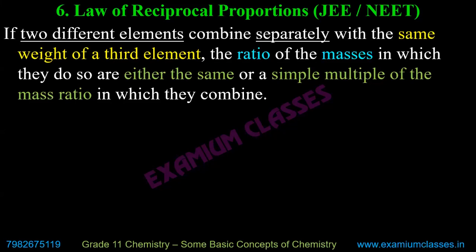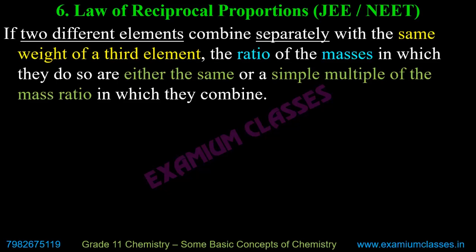But still there is no guarantee that these cannot appear in Advanced. If we consider the last 6-7 years, they have followed the syllabus, so questions related to normality and equivalent weight have not appeared in Advanced, but in Main. And this is typically slightly tricky. So if you are planning to appear in JEE or NEET, you need to understand this one.